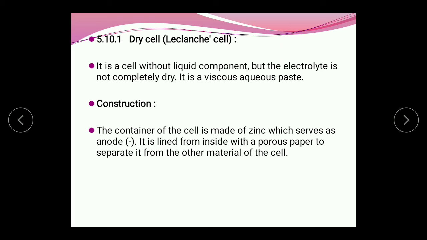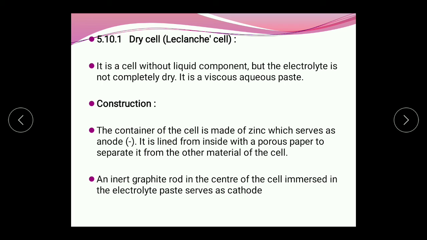This porous paper separates the anode from the other material, the paste we are going to use. So, the anode, cathode and the electrolyte are separated by using a porous paper which is lined from inside of the container. It is also called a paper spacer.